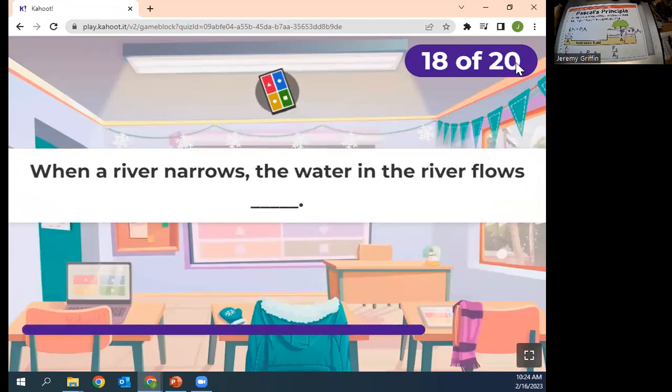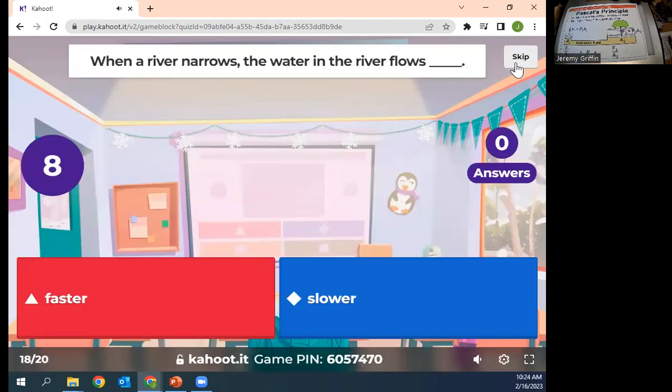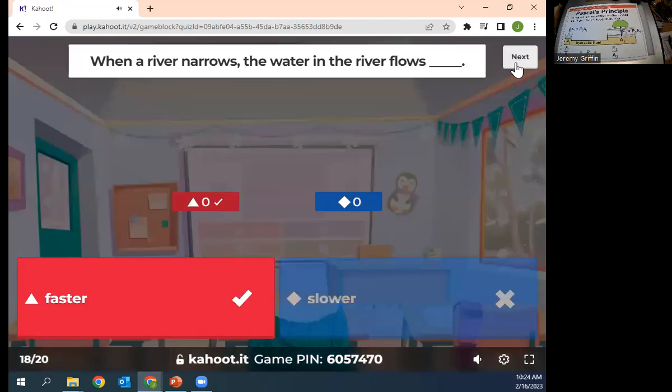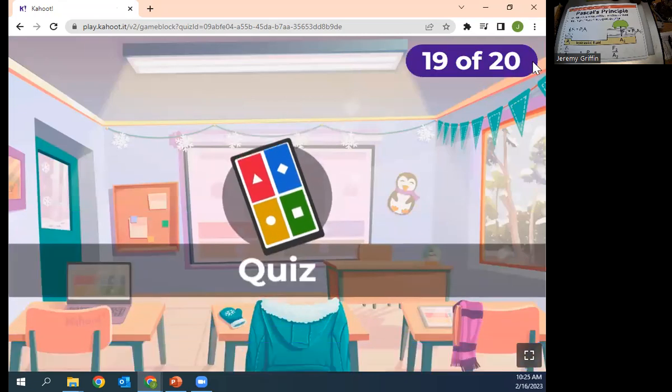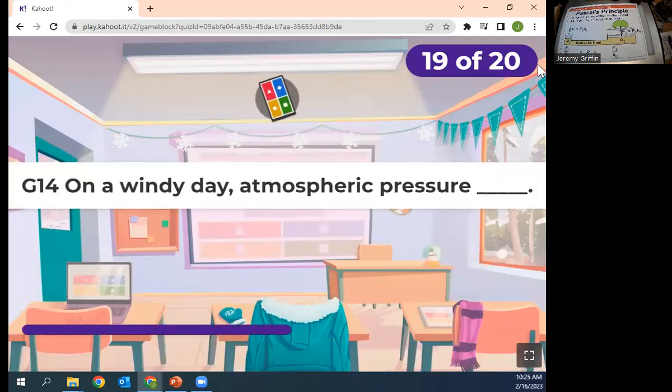When a river narrows, this sounds like Bernoulli principle or conservation of flow, right? River narrows, the water flows faster. That's conservation of flow from the last couple of days.